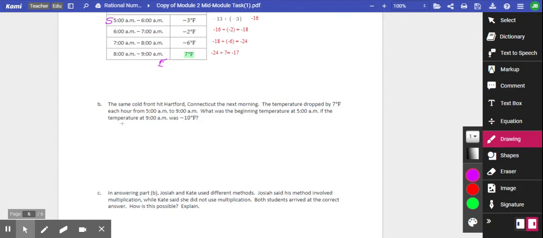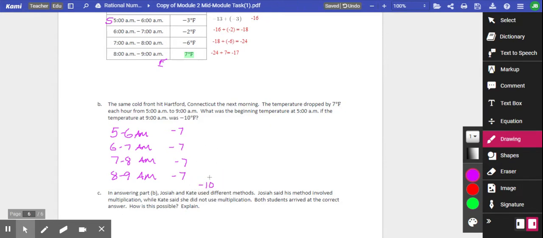So if we took the same type of chart, we have from 5 to 6 a.m., from 6 to 7 a.m., from 7 till 8 a.m., and from 8 until 9 a.m. If they told us the temperature drops 7 degrees, so minus 7, minus 7, minus 7, minus 7. Well, we know that these are dropping by 7, and we're going to end at negative 10 degrees.